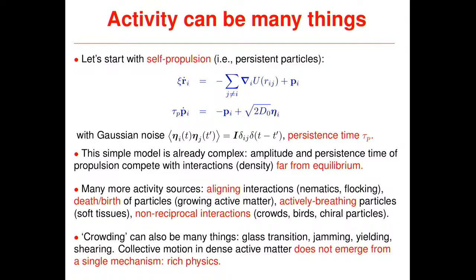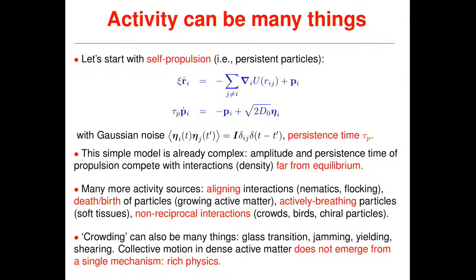And we'll talk at the end about non-reciprocal interactions. That's currently quite intensively studied. If you think of birds that have a vision cone, then the interactions cannot be reciprocal. And if you have non-reciprocal interactions, that's a source of momentum, and you can have interesting motion because of this. Okay, so these are different types of activity.